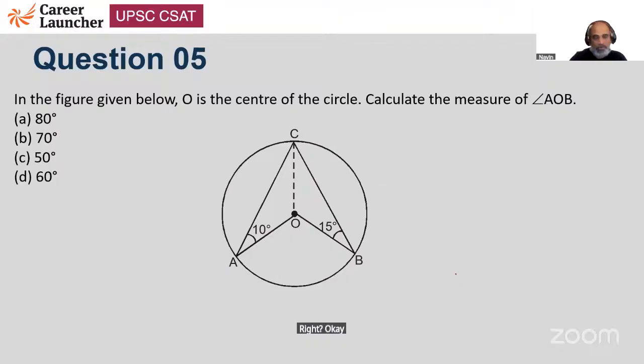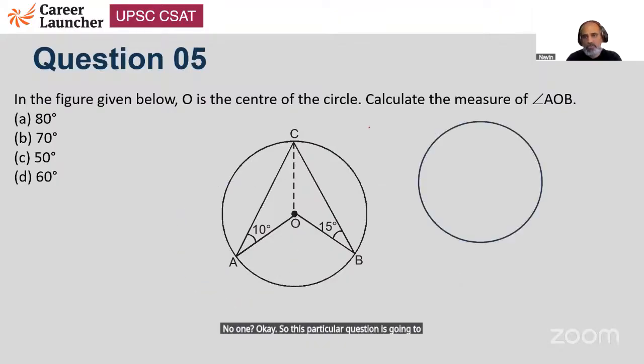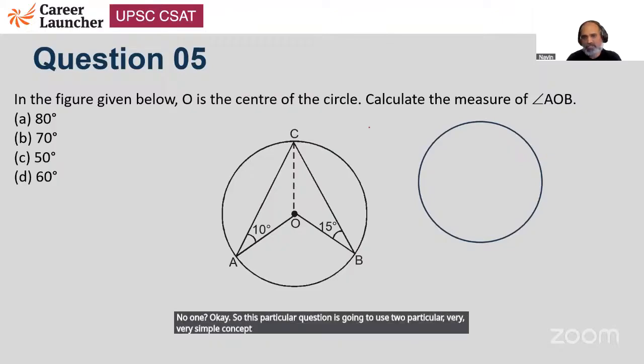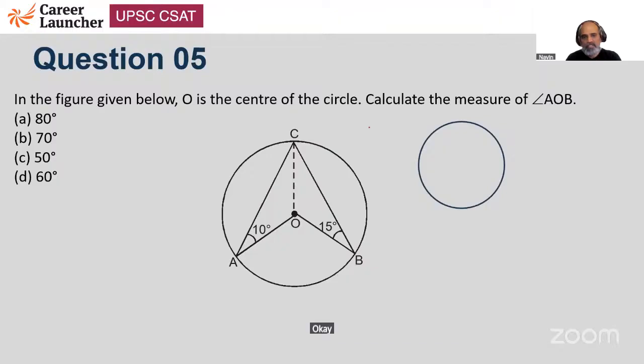Okay, a question from geometry. So this particular question is going to use two very, very simple concepts from circles. Okay. So I'll draw two circles so that you can follow it closely.